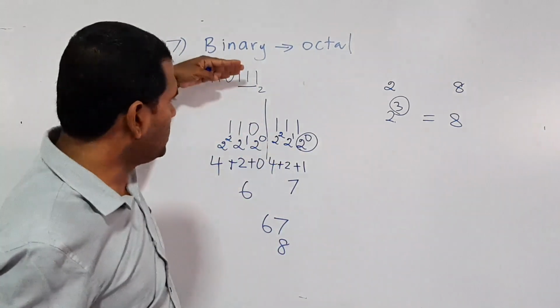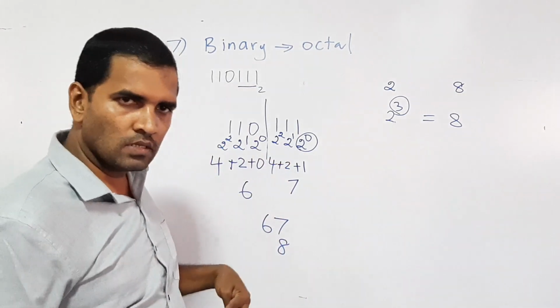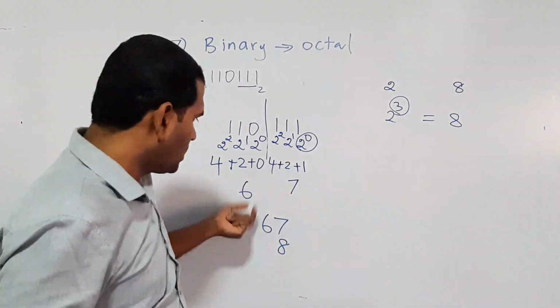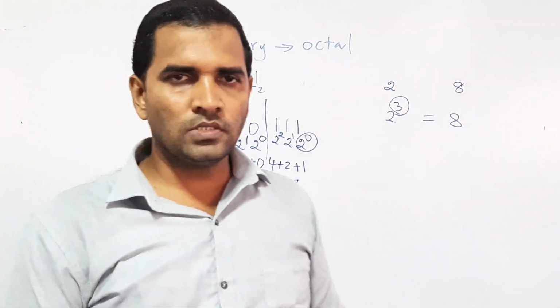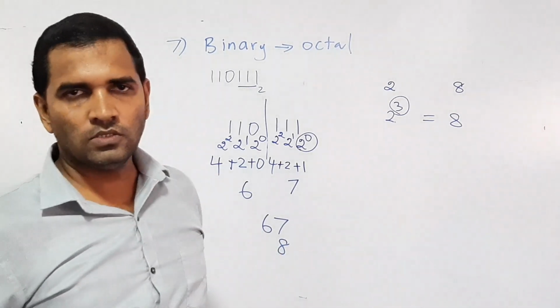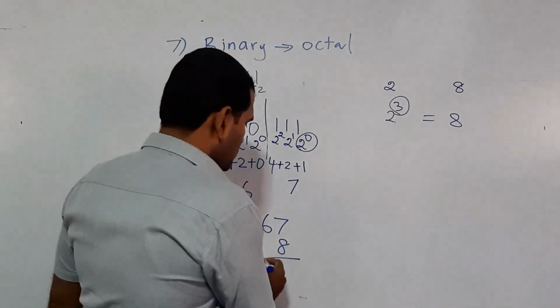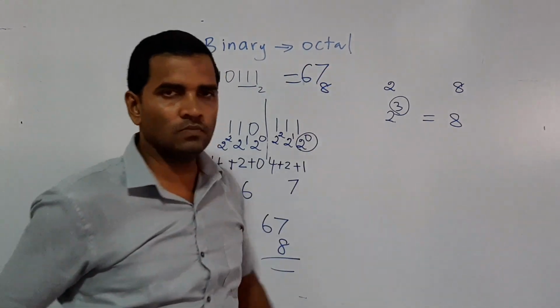So we divide one single number into two halves. So to get the original back, those two parts must be joined or merged once again. So that's why 6, 7, both digits are joined together and you got 6, 7. So this is equal to 6, 7 base 8.